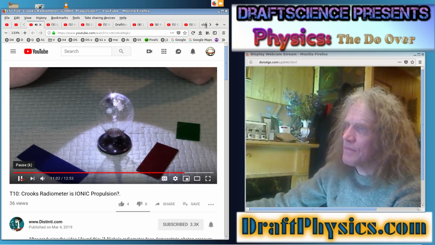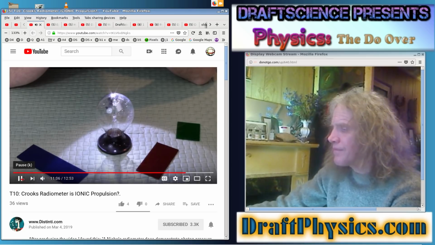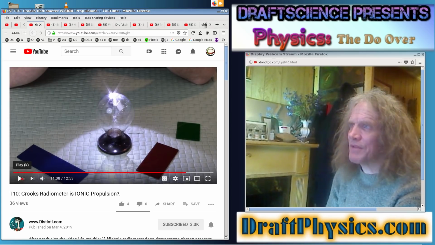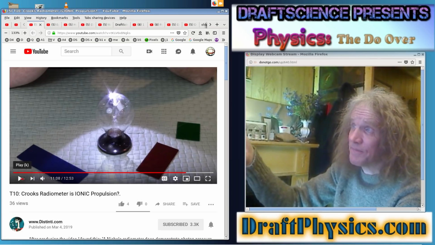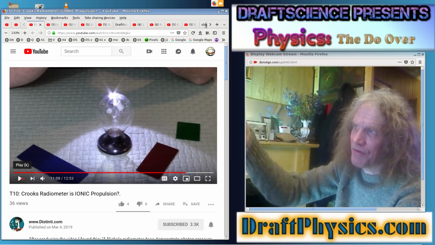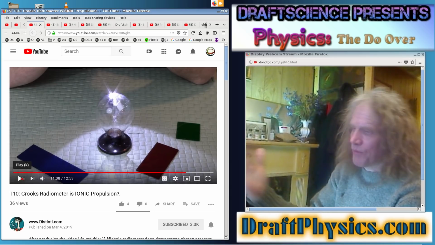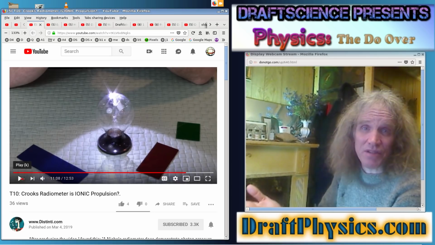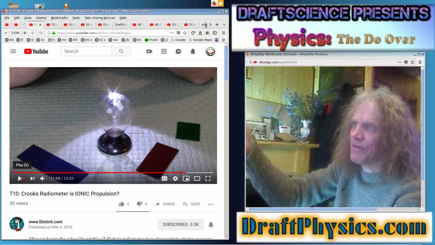NASA's been experimenting with ion propulsion for a while now, but it's not a very efficient propulsion system. If it was ions, the problem would be they reflect off the glass, doing lots of things, and they'd end up creating drag because they would pop off the surface and then the other arm would smash into them. So you'd end up back at the same problem you have if you take this out of a vacuum.